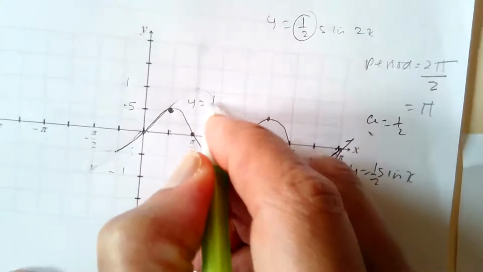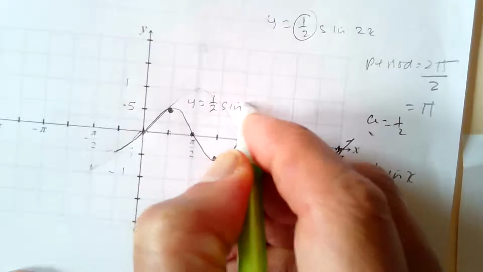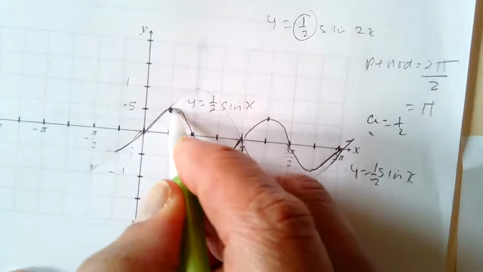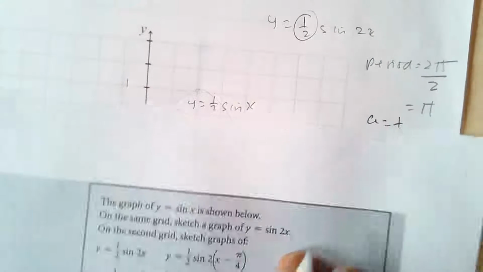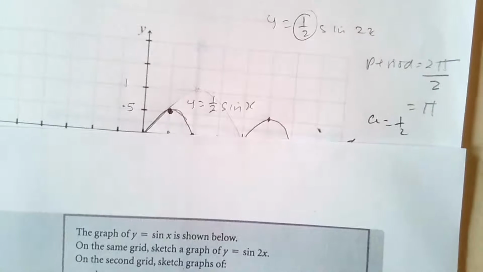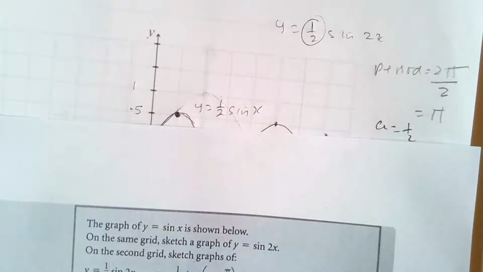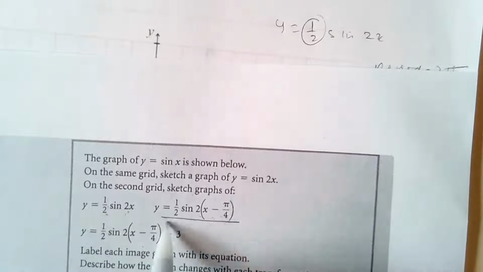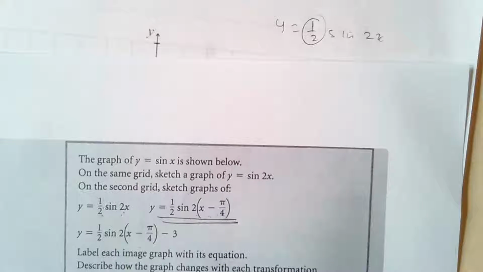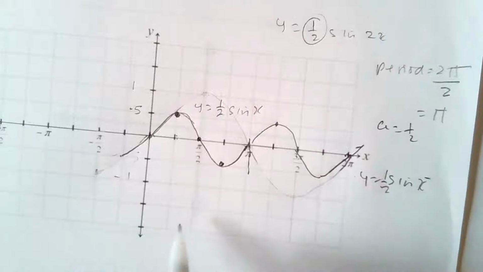So y is equal to half sine x is this graph here. Now we want to change that now. We want to have a horizontal shift of pi over 4.